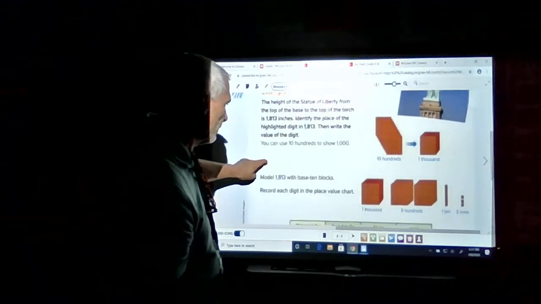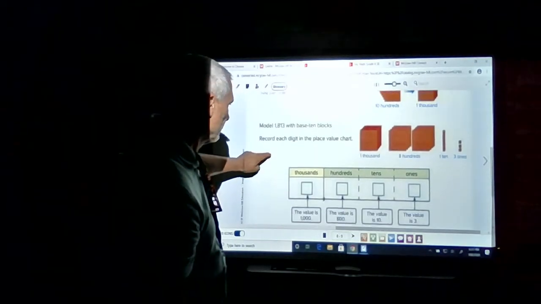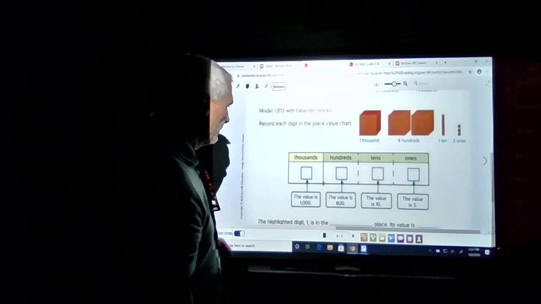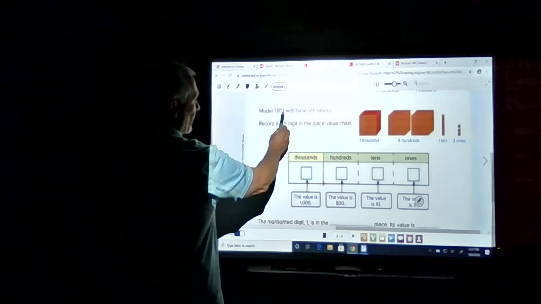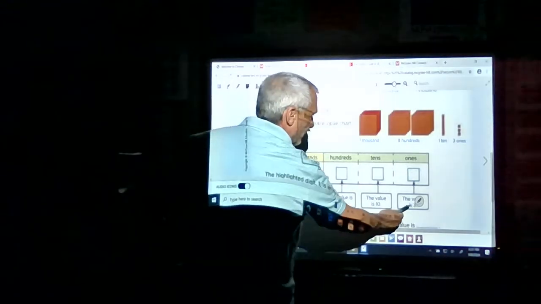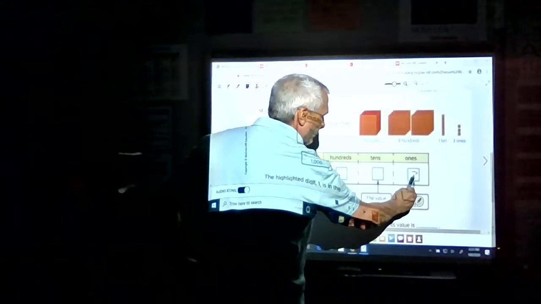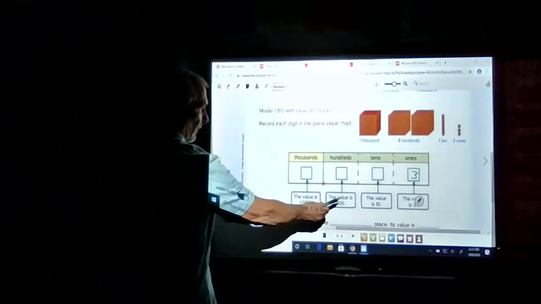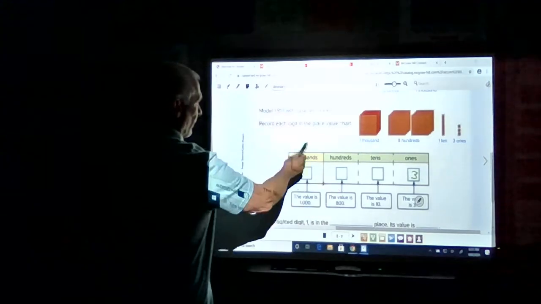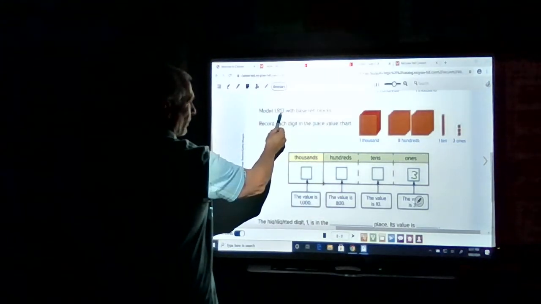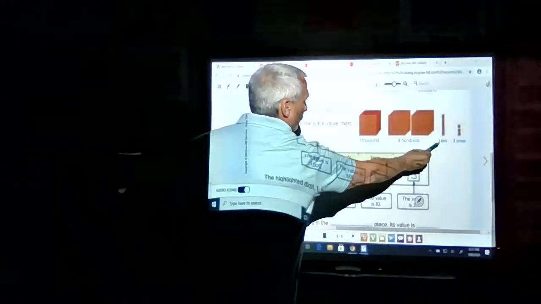So we can use our chart. I'm going to go like this. I'm going to start with the 3. The 3 is in the ones right here, and so that would be a 3. The value of the 1 in the tens, well, there's only one of them, 10.